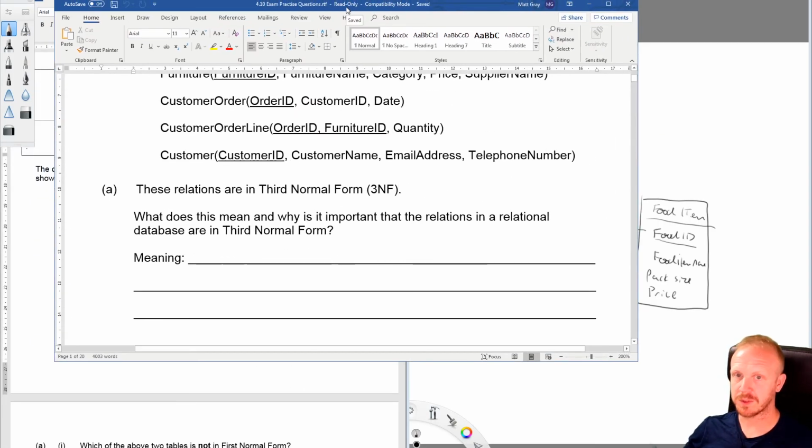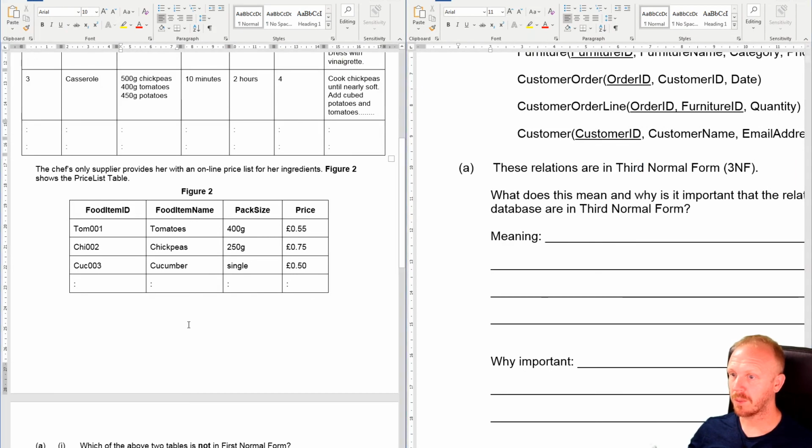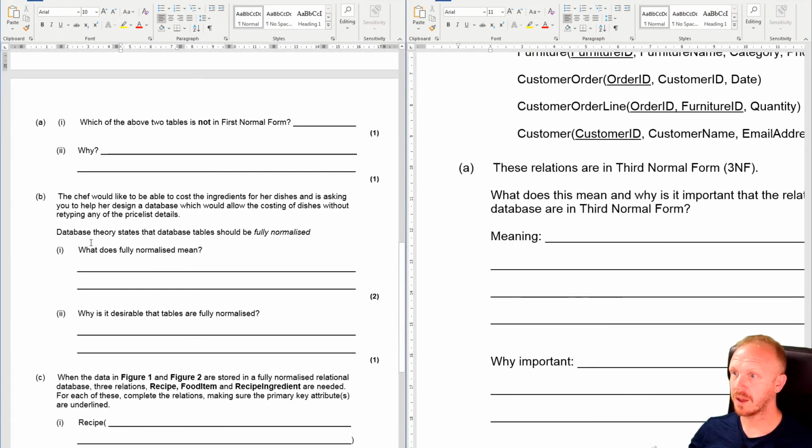Well, notice that seems quite familiar. If we scroll up here, it said, what does fully normalized mean? Why is it desirable? What's the meaning? Why is it important? Those two questions show up a lot, and getting those right is important. And we need to put exactly the right definitions for it.